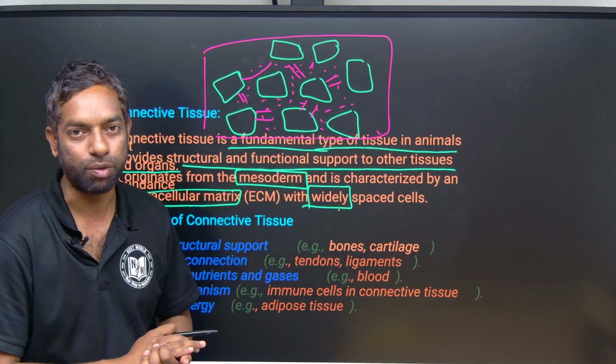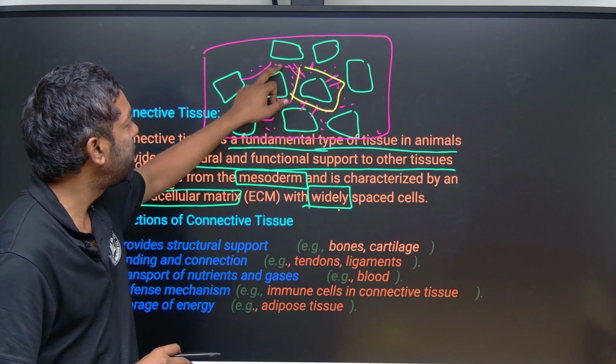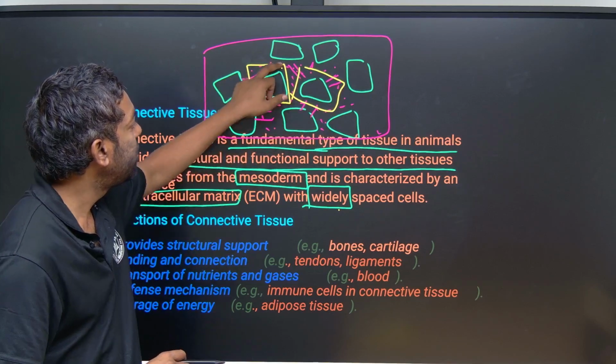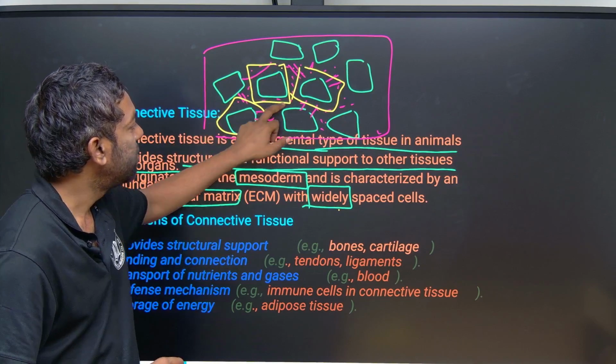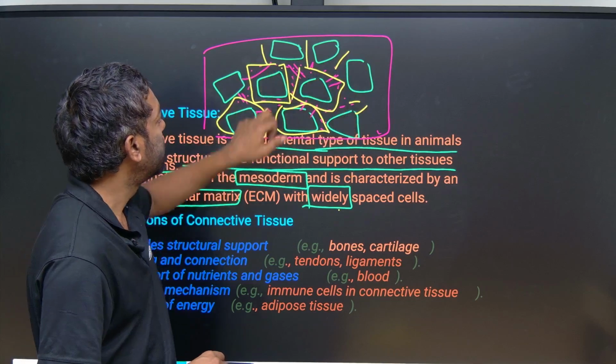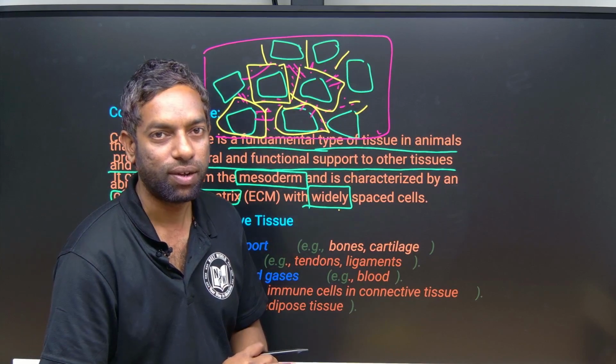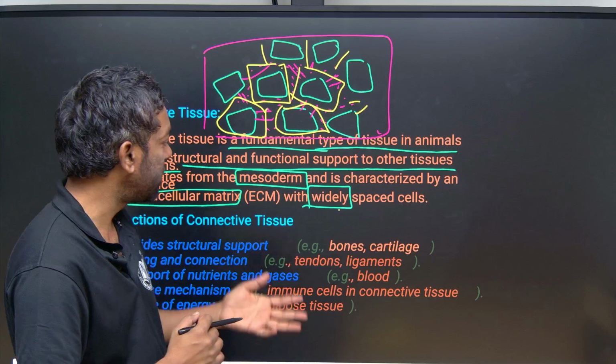In connective tissue there is a matrix, a space, which means the tissue is supported by some other cells and connected with some other particles. We are going to discuss this.